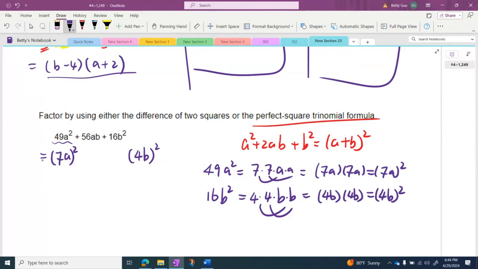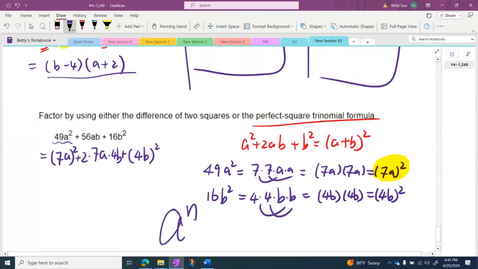In the middle, it should be twice the multiplication of the two bases. The first base is 7a, the second base is 4b. If you don't know what I'm talking about when I say base, look at it here. This is a perfect square. A perfect square is an exponential expression. Remember, an exponential expression has two parts.